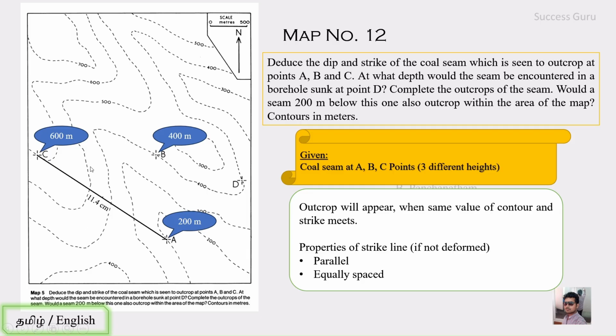We know the starting point is 600 and the ending point is 200, so the difference is 4. We divide this distance by 4 and get 2.85 centimeters. This 2.85 is equally spaced all along this line. So the first point will be somewhere here, the second point here, the third point here, and the fourth point will appear here itself.